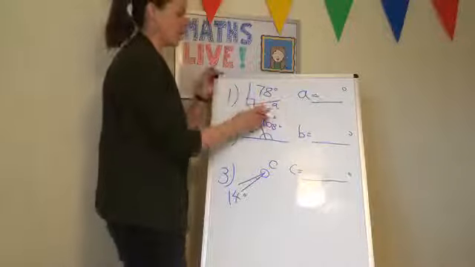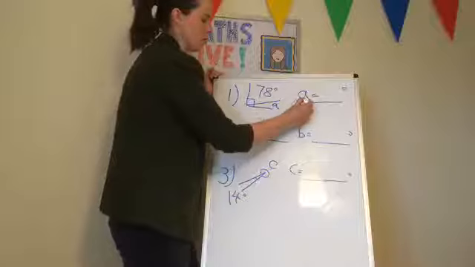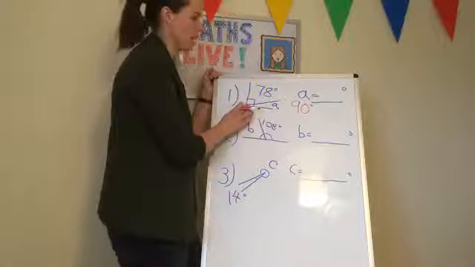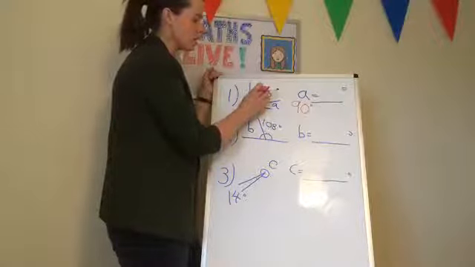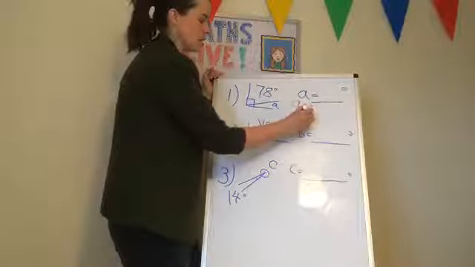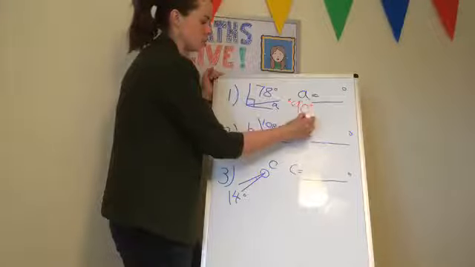So 78. We know that the whole part is 90, because we've been given the little square in the corner. We've been given 78. We know that 78 and A make 90. So we need to subtract them. So that's 8, 10, that's 2.